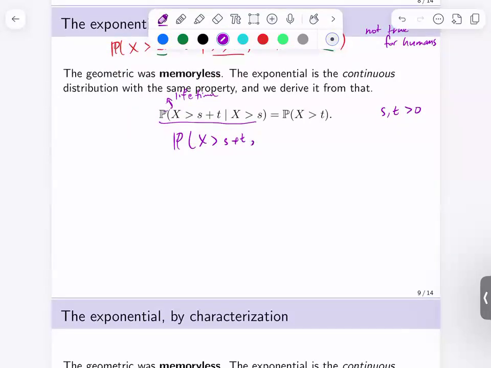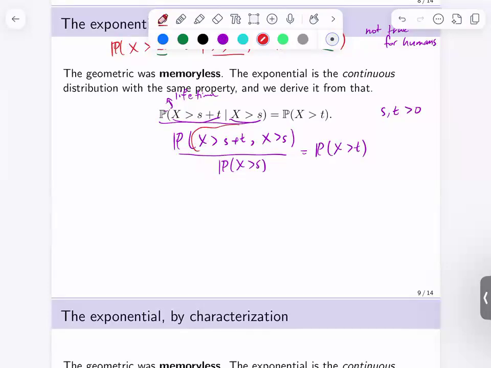So this, and x is bigger than s. This is the intersection: if you remember the definition, this event intersect this event, divided by the probability that x is bigger than s. You want it to be the same as this by definition.